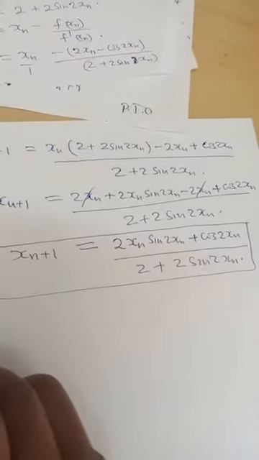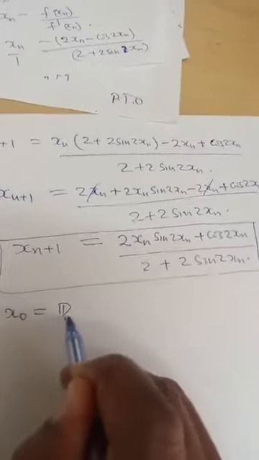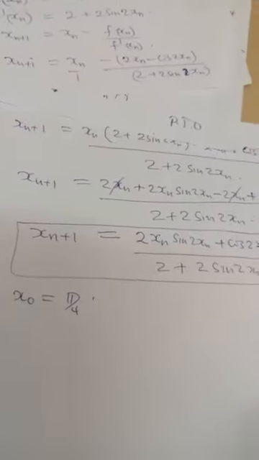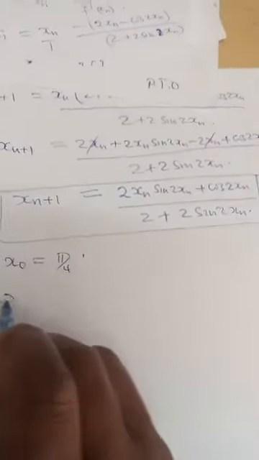And using our first approximation, which is pi out of 4, candidates should be reminded here that our calculators, the moment we start using pi, must be in radian mode.